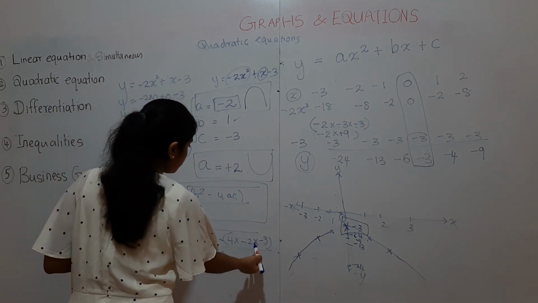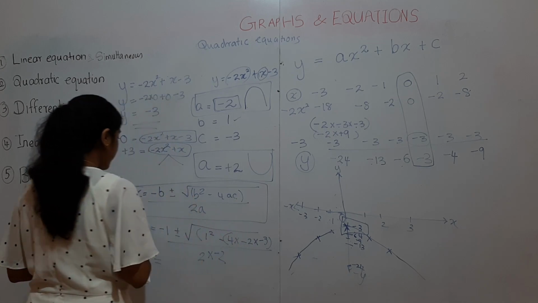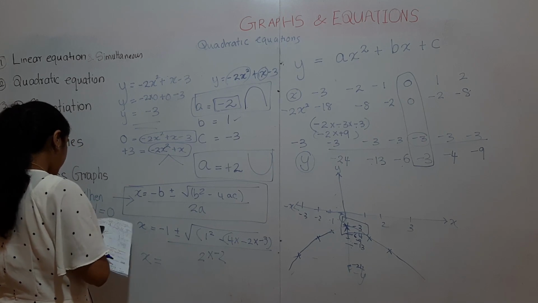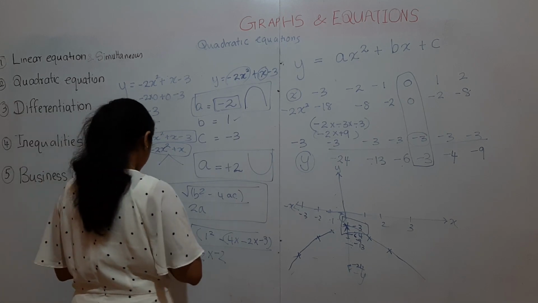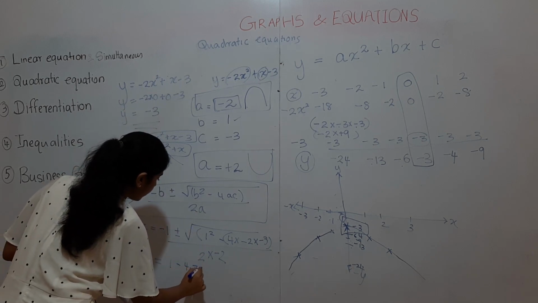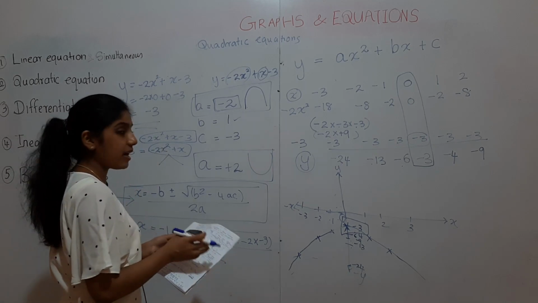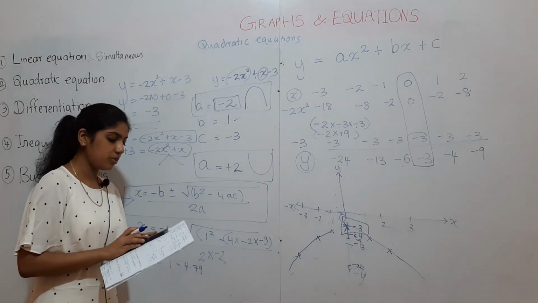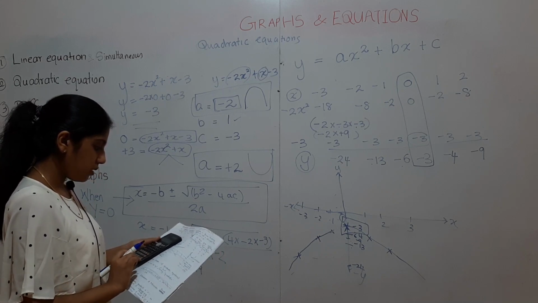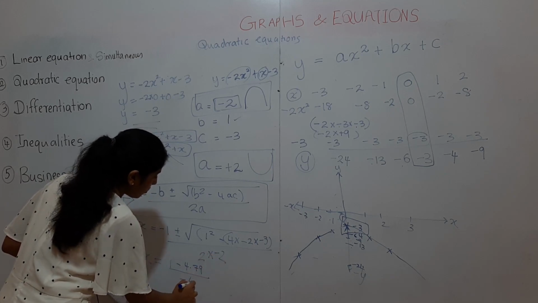So minus 2 into minus 3 is plus 6. 6 into 4, 24. 1 minus 24 is minus 23, and the root of 23 is 4.79. But you can't take the root of minus 23, so you first of all take the root of 23 and then divide by minus 4.